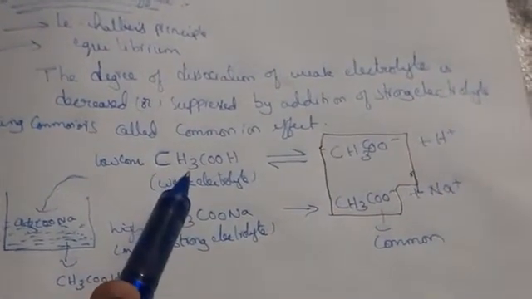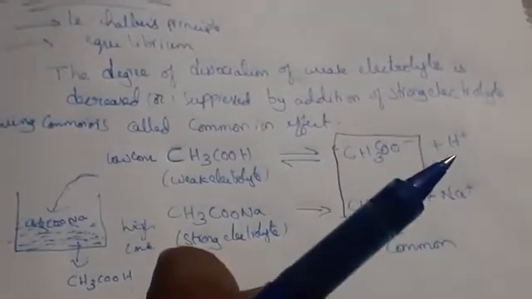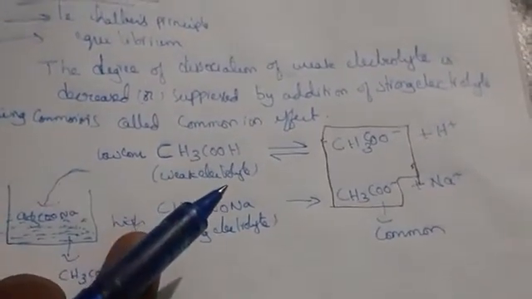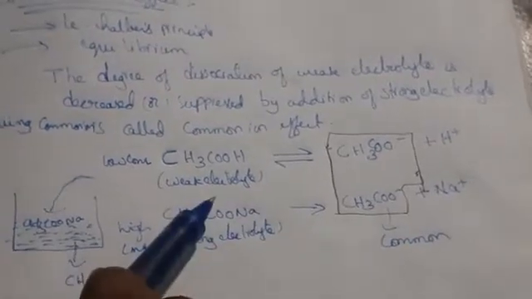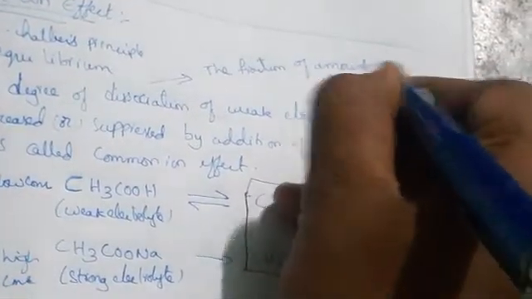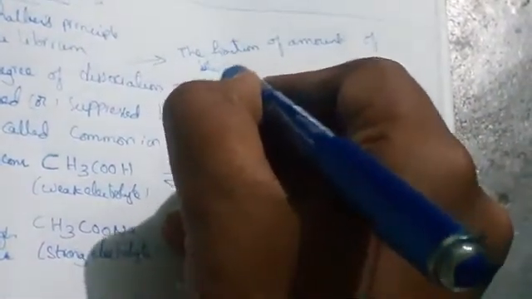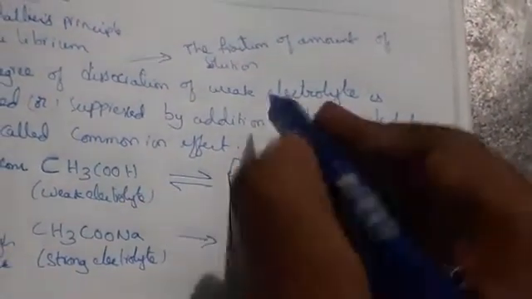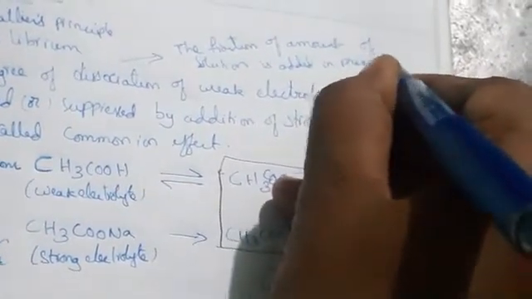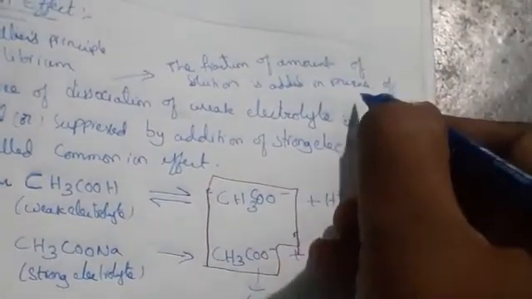The degree of dissociation is the fraction of the amount of solution that is dissociated in presence of electrolyte.